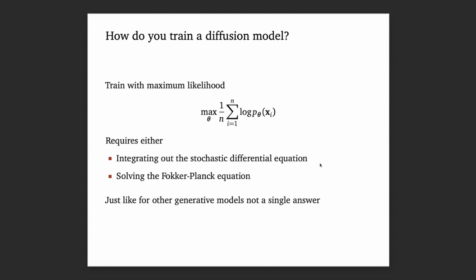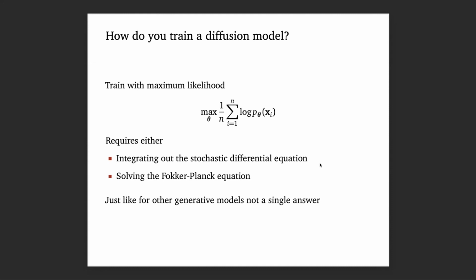You could either think about, hey, to compute the marginal distribution, which is what you need, this is the marginal of the observation, I can integrate out the stochastic differential equation. Alternatively, I can write down the time evolution of the actual density itself and try to solve this differential equation, called the Fokker-Planck equation or the Kolmogorov forward equation.